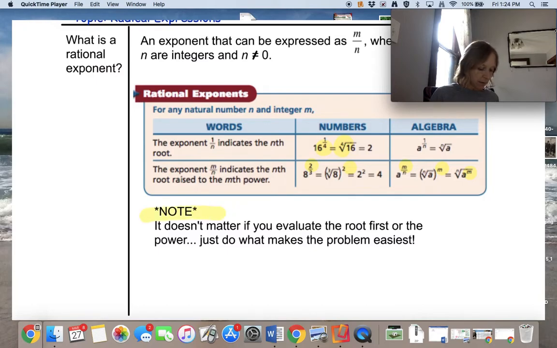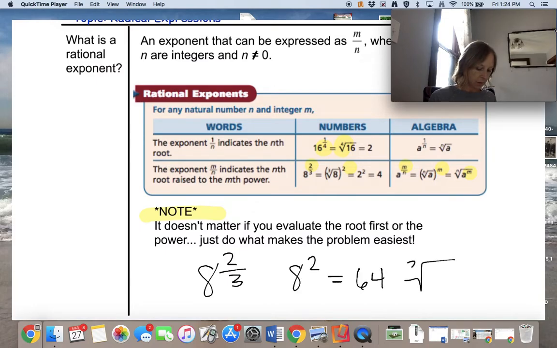Notice this note for you here, though. It doesn't matter what order you evaluate these things in, you just do whatever seems easiest. So for example, if I use the example that's given here in numbers, 8 to the 2/3 power, I can do either part first. I could do 8 squared first and get 64, and then take the cube root of 64 to get to that denominator.